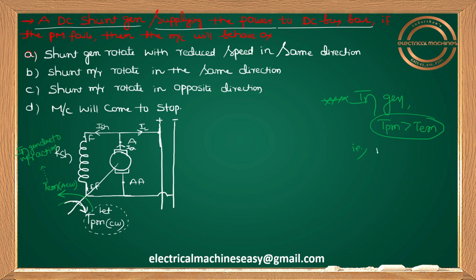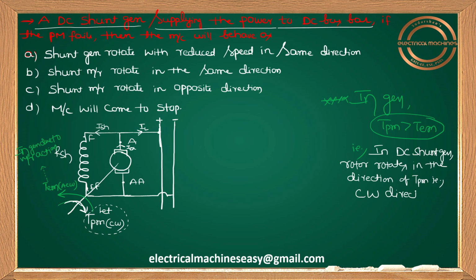That is, in a DC shunt generator, the rotor rotates in the direction of TPM, which I'm assuming is clockwise. If it is not visible, I'll write clearly: clockwise direction.